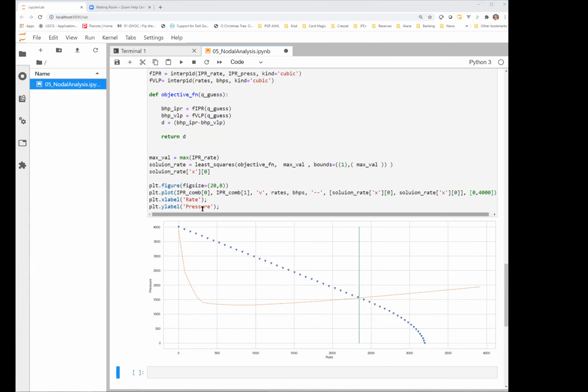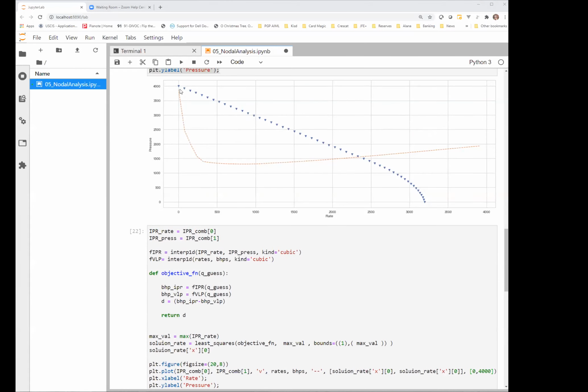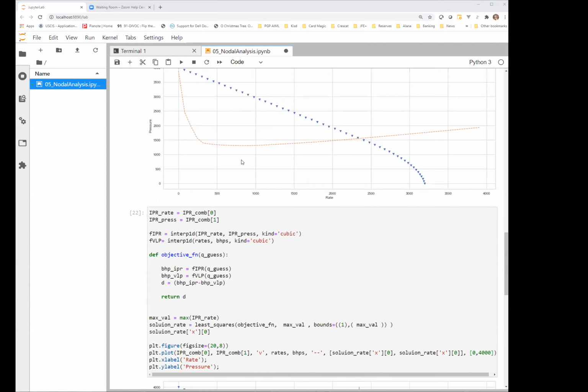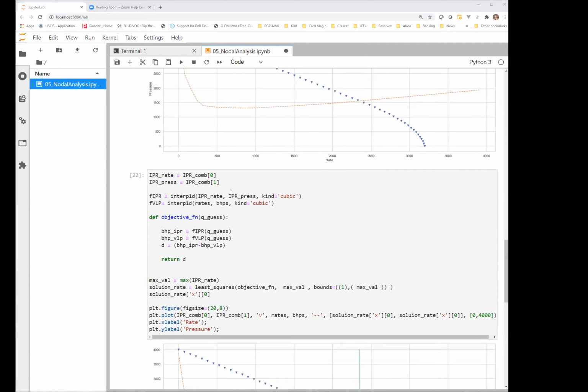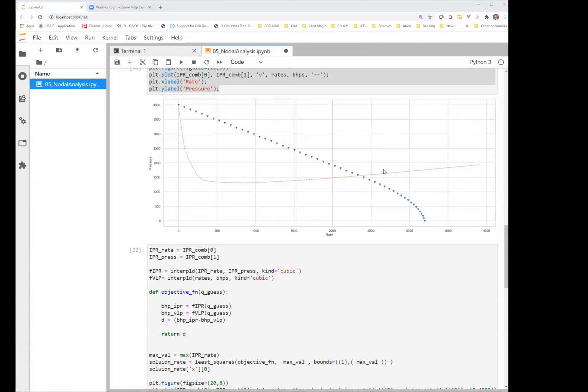So I also want to show you that we could do the same, but instead of doing the interpolation for the VLP, we can use the VLP online.